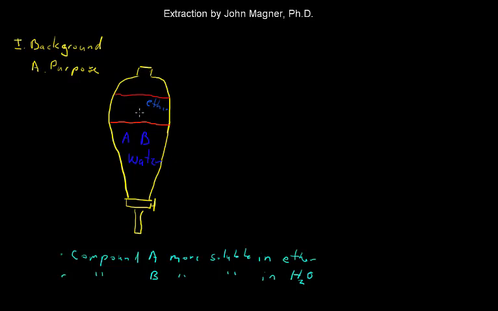So you have to be very careful when you're doing extractions not to throw away either layer until you're absolutely certain that you've got the layer that you want. Because sometimes the less dense solvent can end up on the bottom if the density changes enough when you dissolve solutes into it. So we've got our ether layer on top.